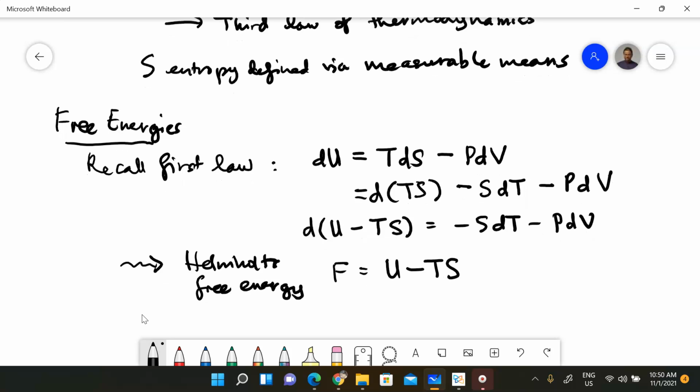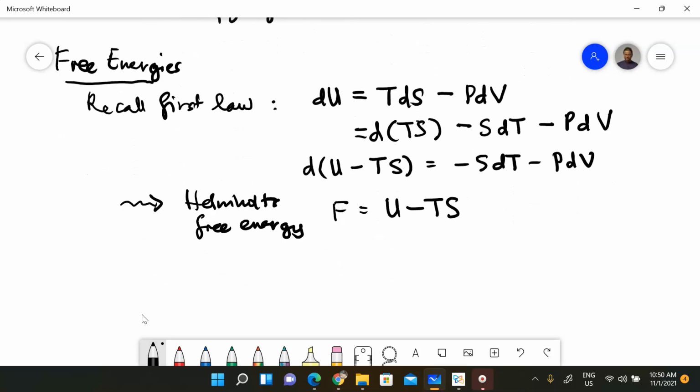In other words, I can think of your F, which is your Helmholtz free energy, to be a function. Here is the differential T and here is differential V. So I can think of your F as a function of T and V.